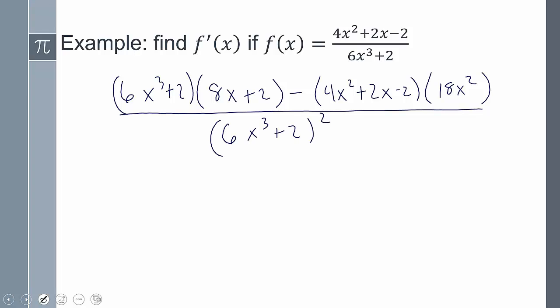Now, if there was a way for us to simplify this algebraically, we could, but even on the AP test, that is an acceptable response if you were asked to take the derivative. That is a perfect handwritten response. You applied the derivative, you're done.